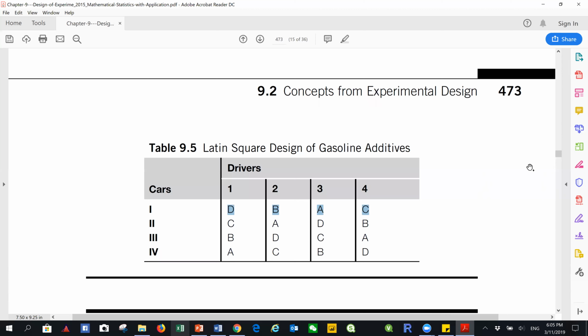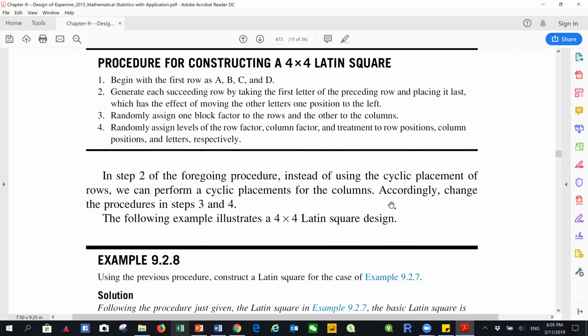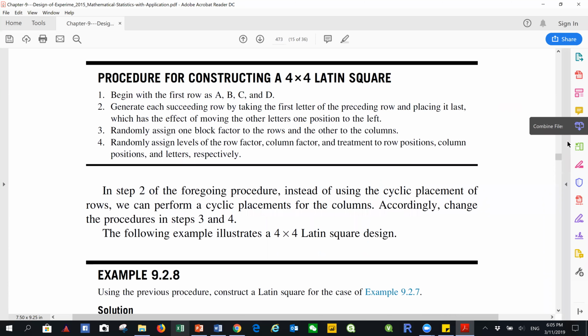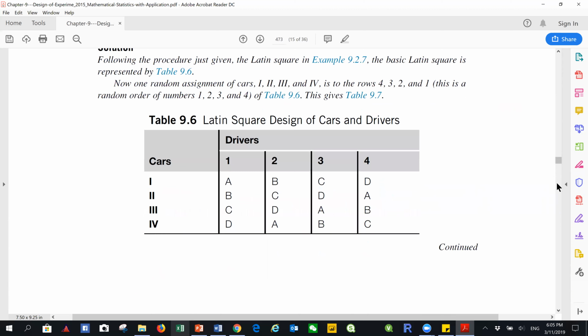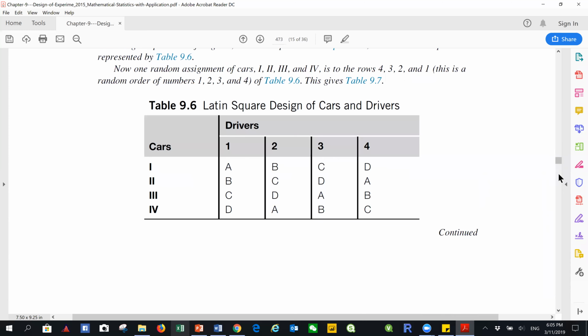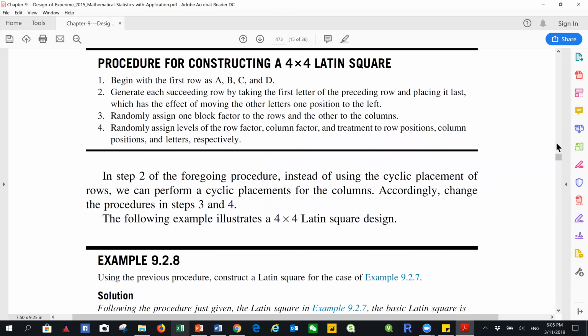So in this way, you will be able to do an experiment, collect the mileage per gallon, to compare the different additive effects on car mileage per gallon, while not being affected by the different drivers and the different cars.